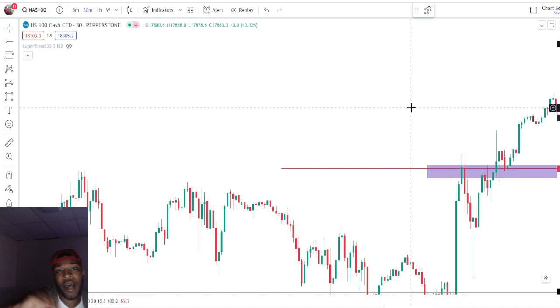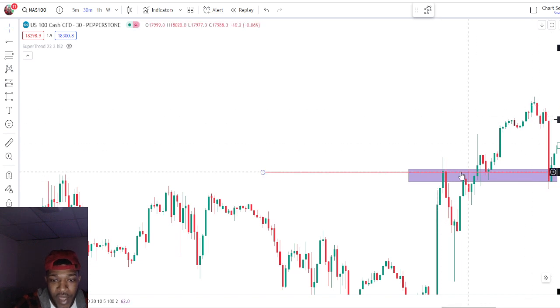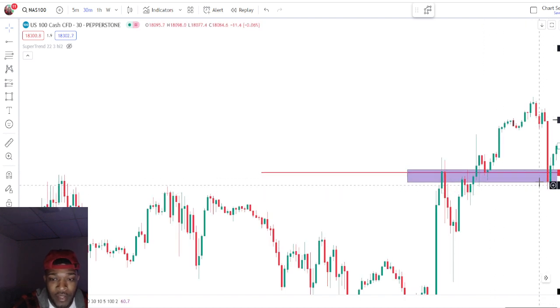But every high that gets taken out was once resistance. So that area that we broke now needs to be tested to see if there's some sort of support there. You know what I'm saying? That's when we wait to watch price tap back into our zone. And not only does it tap back into our zone, we don't close bearish below it and the next candle is actually green.